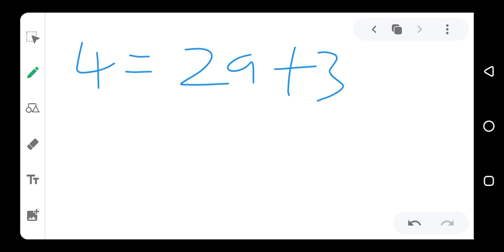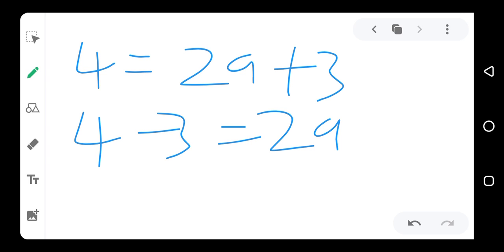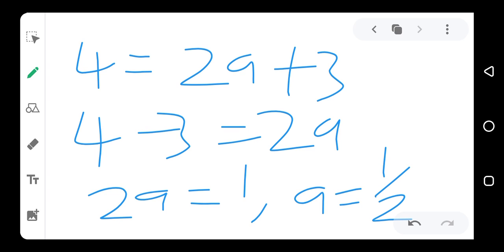And it means that 4 minus 3 is equal to 2a. That means that 2a is equal to 4 minus 3, which is 1. So a is equal to 1 over 2. So it actually means that k is equal to 1 over 2 and a is also 1 over 2.